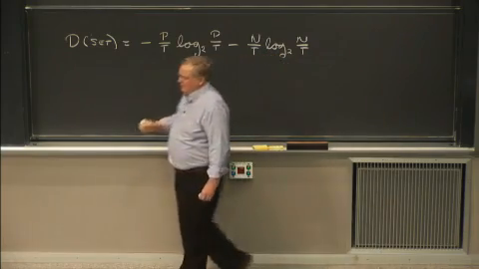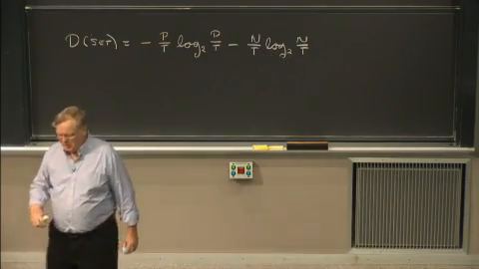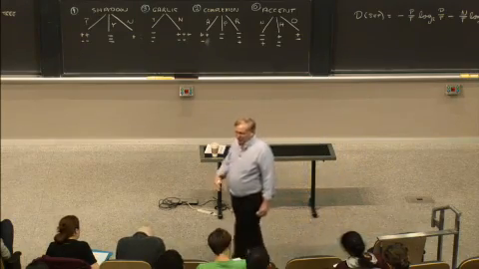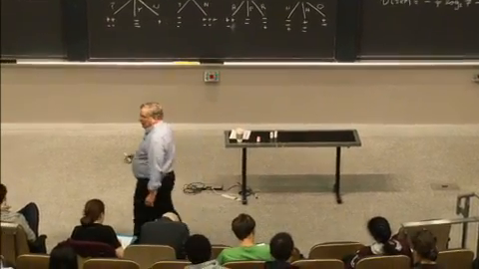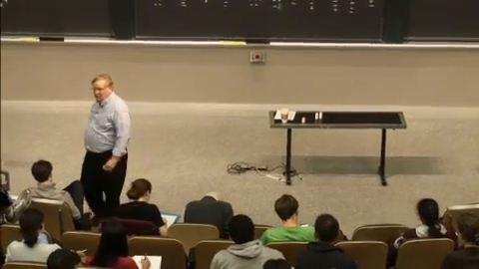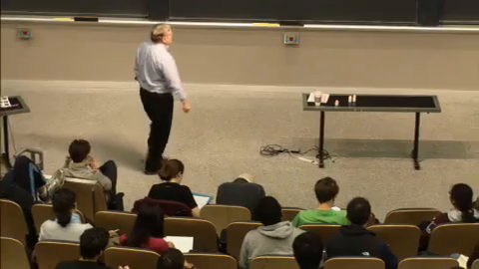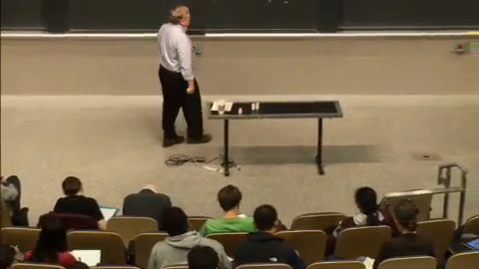Those negatives look a little worrisome because you think maybe this can go negative, but that's not going to be true, because these ratios are all less than 1, and the logarithm of something less than 1 is negative, so we're okay. So that's a lovely way of measuring disorder.